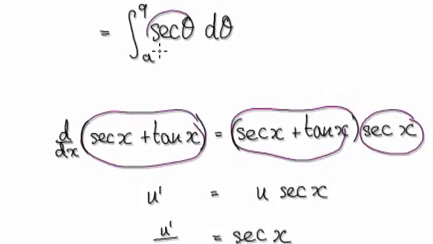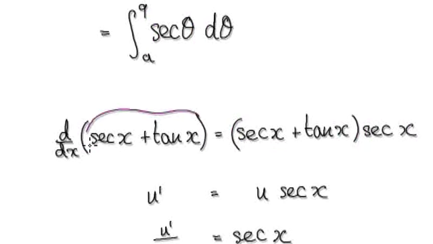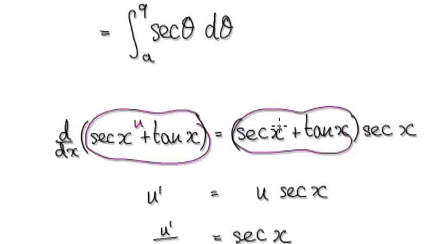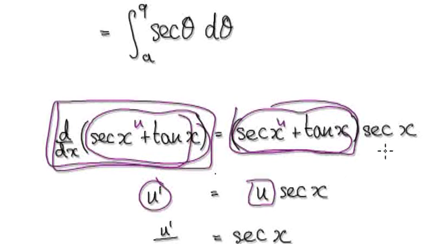So to integrate this, we need to realize that when you differentiate this, it will be itself times this thing here. So if you let this be u, then u prime is this whole thing here, and this here will be u, and then secant here.